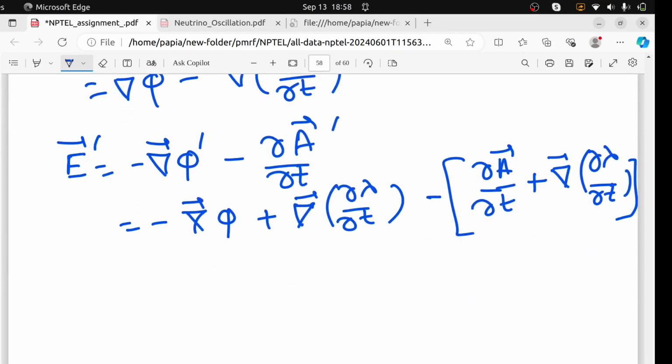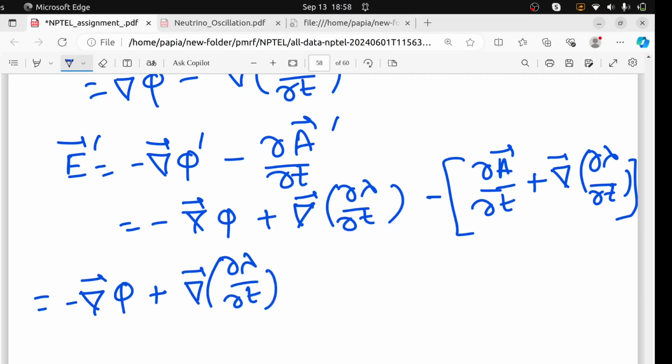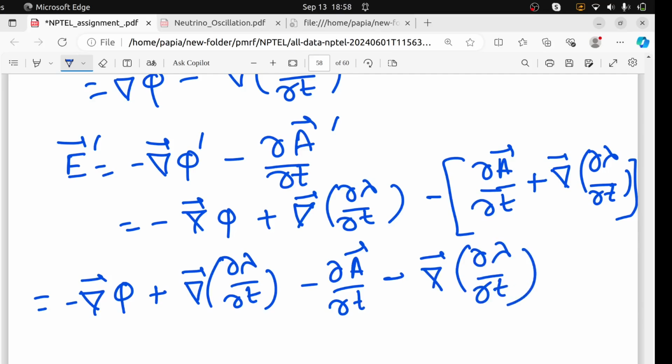Now minus grad phi plus grad del lambda del t minus del A del t minus grad del lambda del t. Now see, the grad del lambda del t plus or minus will cancel out.